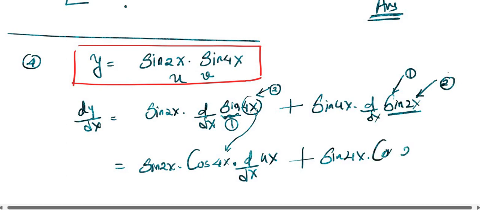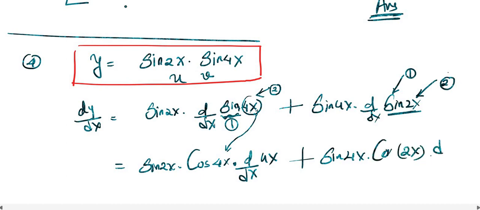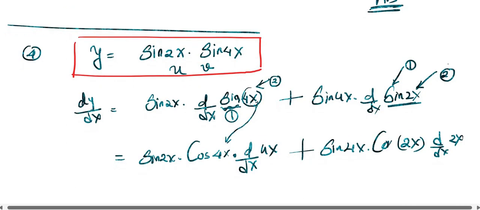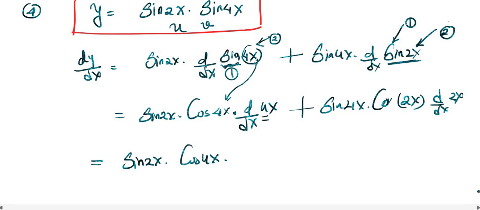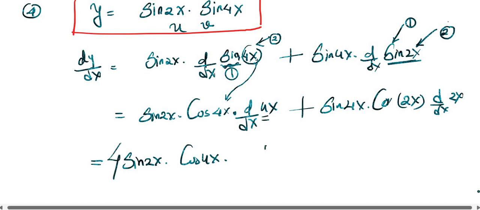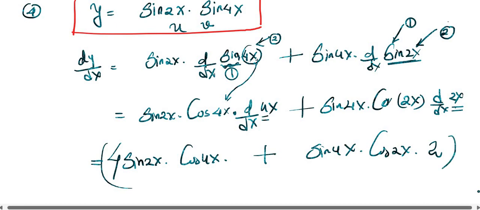So sine derivative is cos of 2x and d by dx of 2x. Correct? So let me write it now. Sine of 2x as it is, cos of 4x into this 4 will come in front, plus sine 4x cos 2x, and derivative of 2x is 2. So this is my answer.